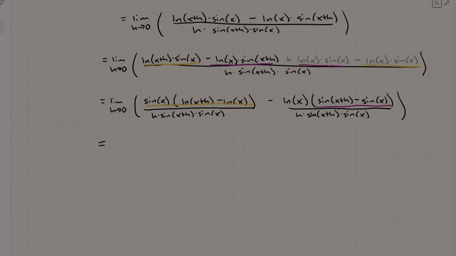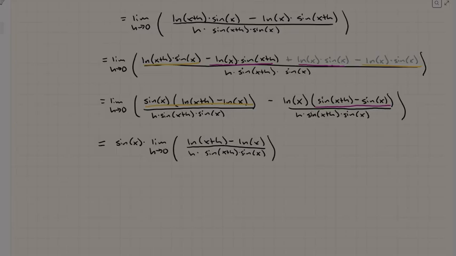So this one on the left, we're going to pull out the sine of x times the limit as h approaches 0 of ln(x plus h) minus ln x over h times sine(x plus h) times sine x. That's one. We're going to close the limit parentheses. Now we're going to make a separate limit expression.